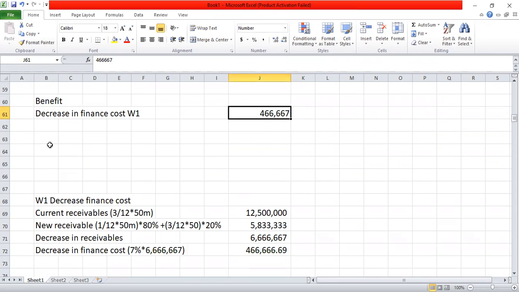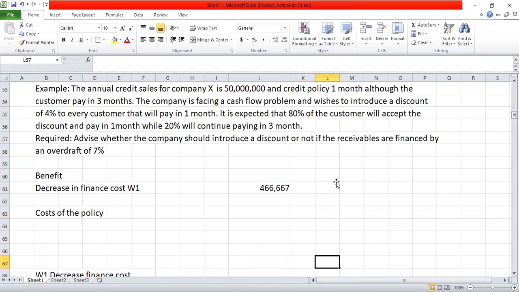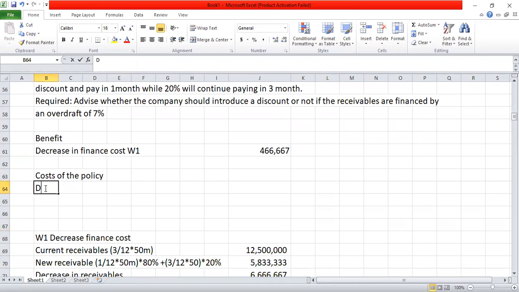Now, what are the costs associated? The costs of the policy. So, based on the question, the only cost of the policy we have is the discount cost.